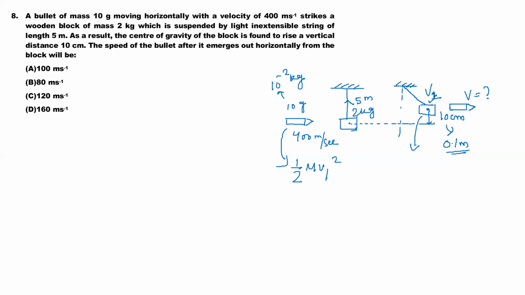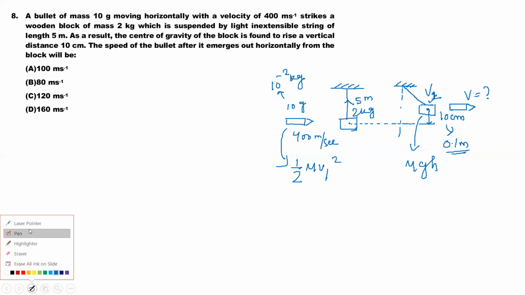That is mgh at height h. Where does the kinetic energy come from? When the bullet enters, it gets some kinetic energy. So the bullet has some initial energy, half the mass of the bullet times v1 square, but that is not going to be useful.